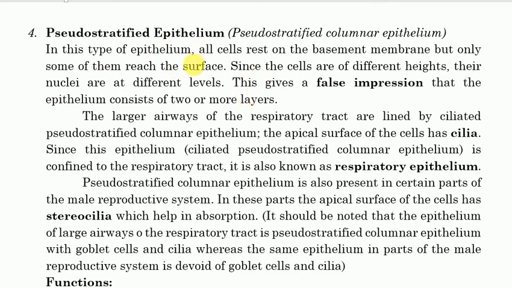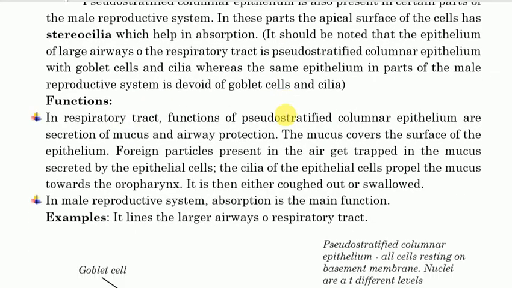In this type of epithelium, all cells rest on the basement membrane, but only some of them reach the surface. Since the cells are of different heights, their nuclei are at different levels. This gives a false impression that the epithelium consists of two or more layers.